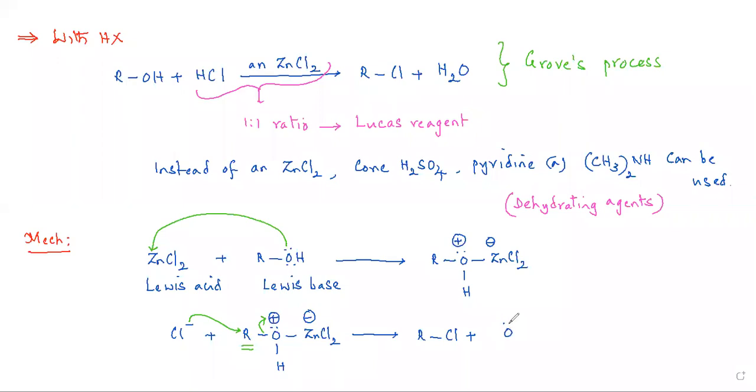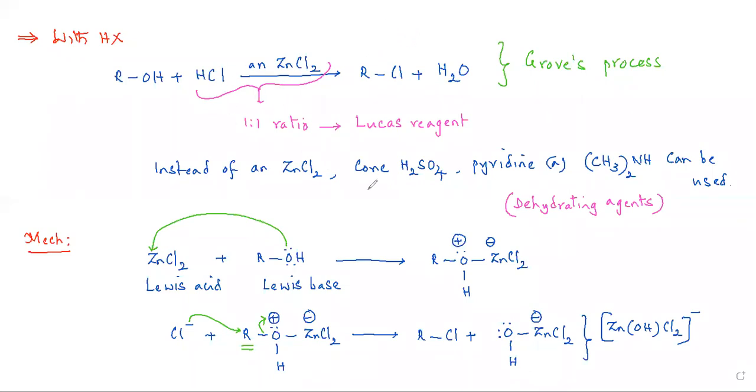And look at this, ZnCl2. So this can, of course, be given as ZnOHCl2 minus. This with a H plus ion.